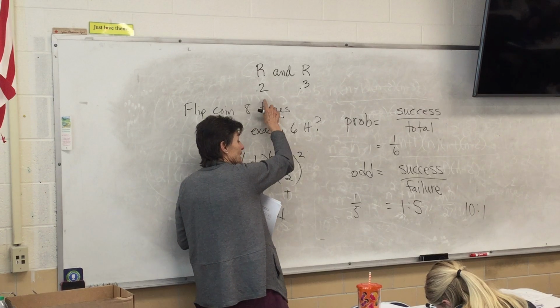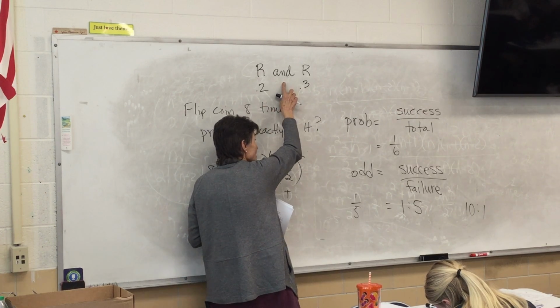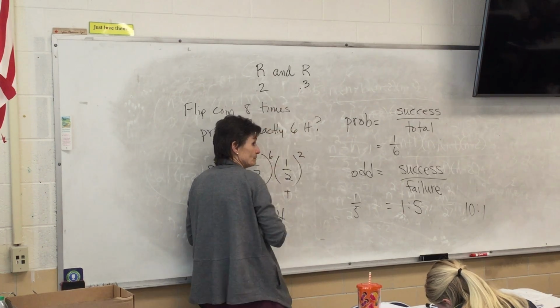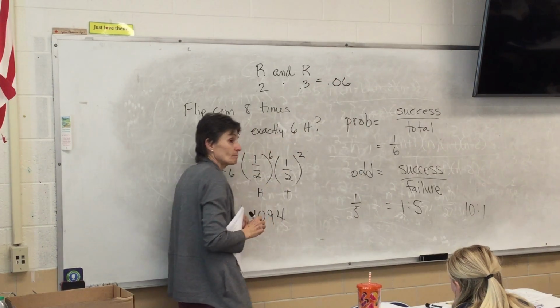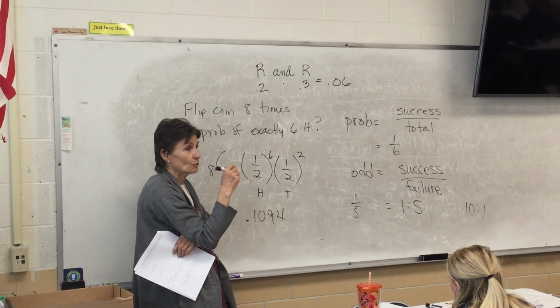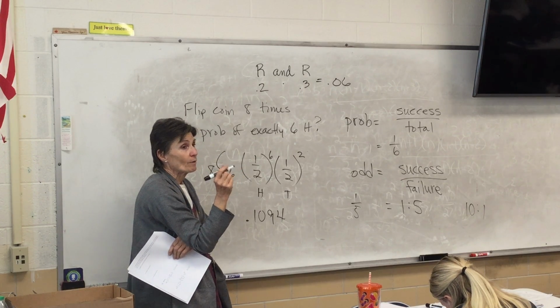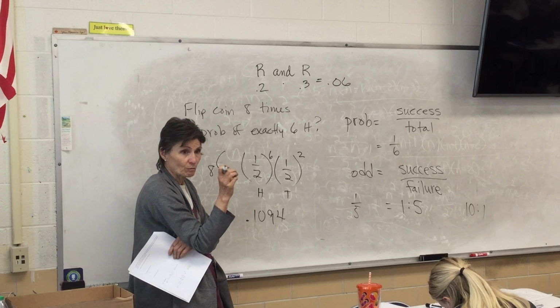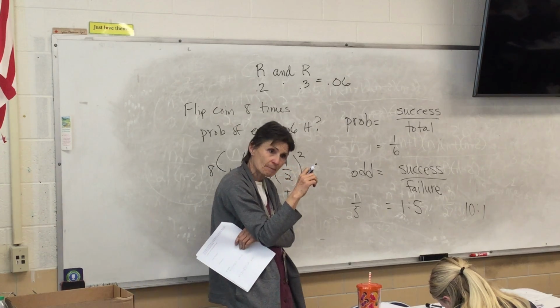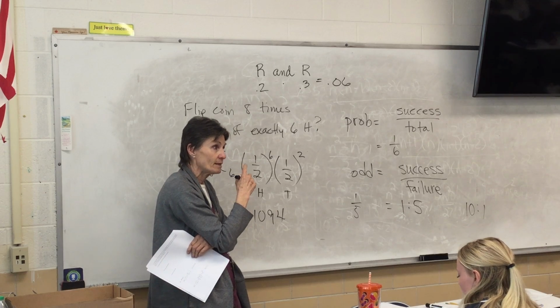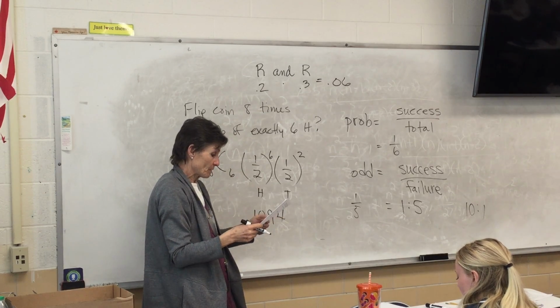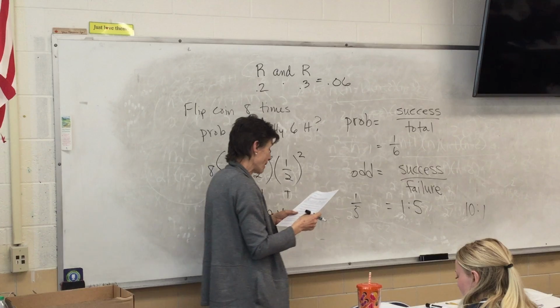When I am picking a red and a red, what do I do? Multiply. So the answer is 0.06. You'll have a calculator when you do all of these problems. So if you're at all uncomfortable with the decimals, fractions, or percents, please type it in on your calculator. This is not 0.6, it's 0.06, right?